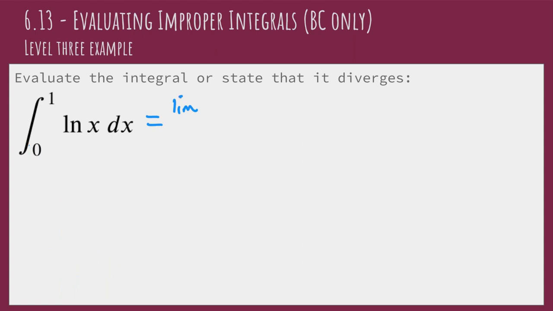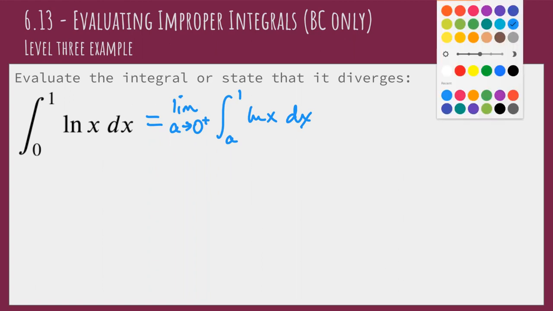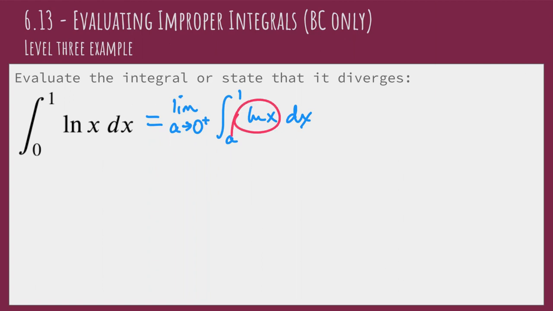So I'll say the limit as a approaches 0 from the right side of the integral from a to 1 of the natural log of x dx. Now, the first challenge here is how to take the antiderivative of the natural log of x. Be careful when you're taking antiderivatives that you don't see something like this and just say, oh yeah, that's 1 over x.